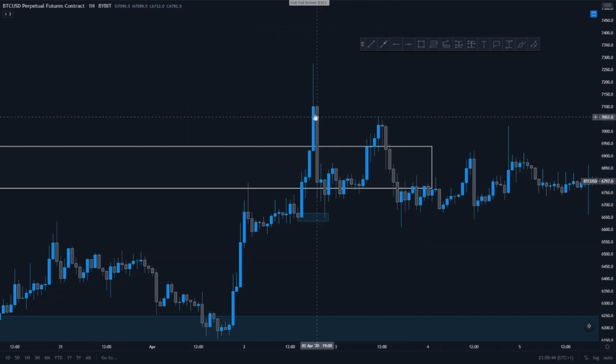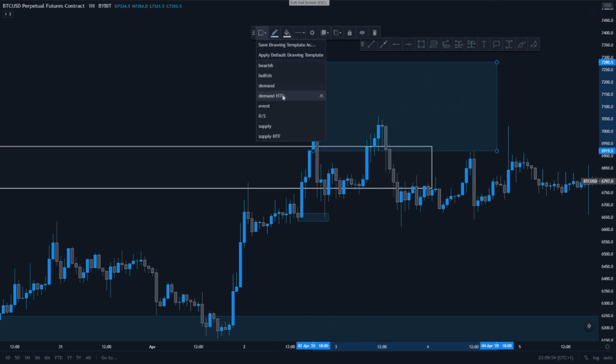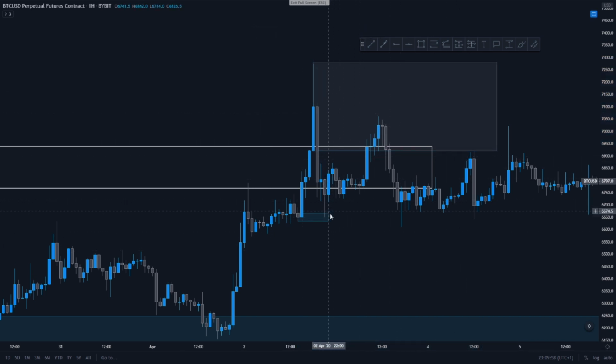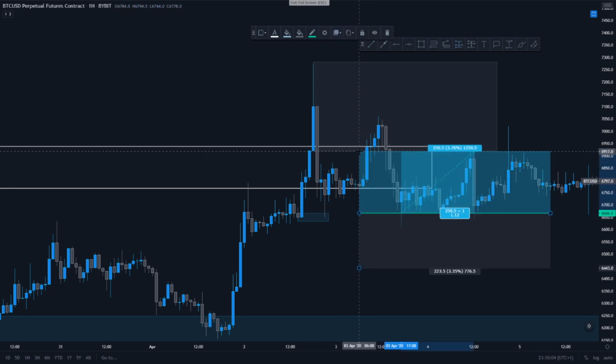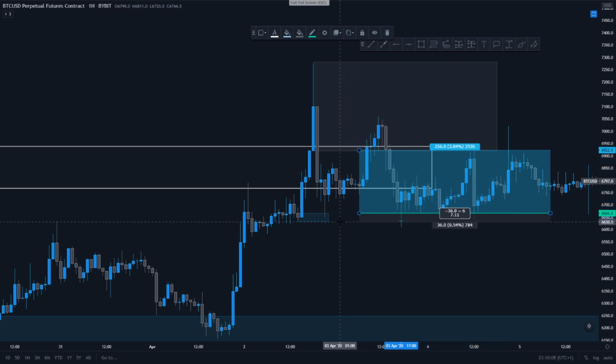Of course you need a target. It didn't reach the highs, but if you had targeted this new supply zone, it still would have given you a trade of around 7R.